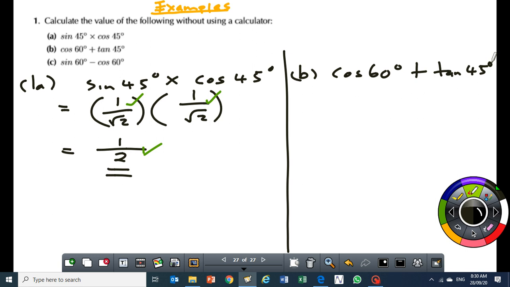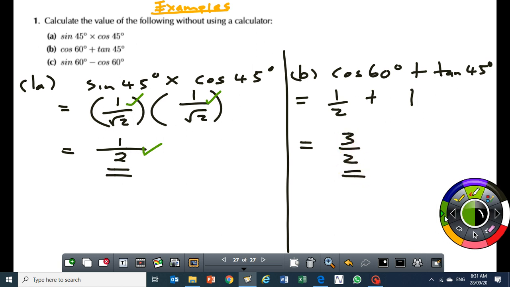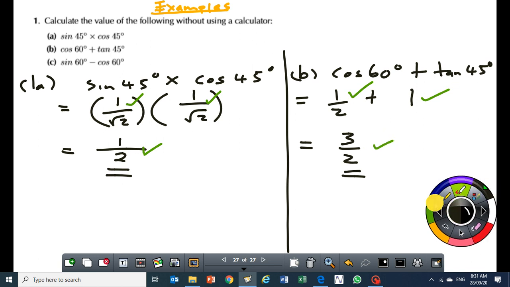So this is going to be equal to a half plus, in this case I don't need to put brackets, so it will be plus tan 45 is a 1, so you put 1 there. A half plus 1 gives you 3 over 2. So again, the mark allocation: 1 mark for a half, 1 mark for 1, 1 mark for 3 over 2.